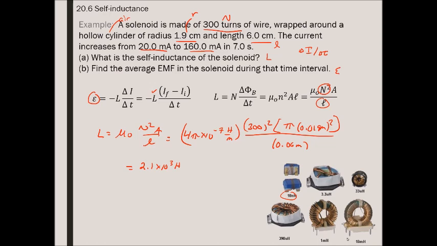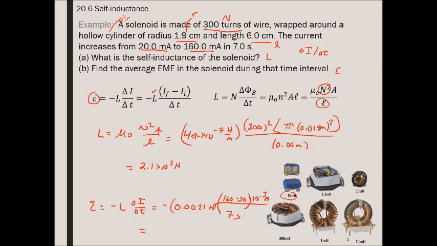Then we can use that in the other formula, EMF equals negative L delta I over delta t. The inductance was 0.0021 henries times delta I, which is 160 minus 20 times 10 to the negative 3 amps, all divided by 7 seconds.